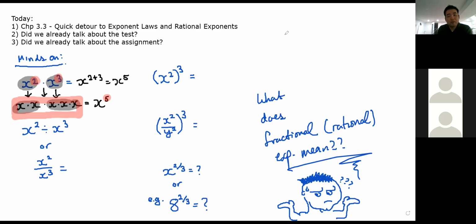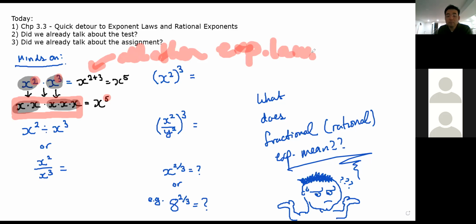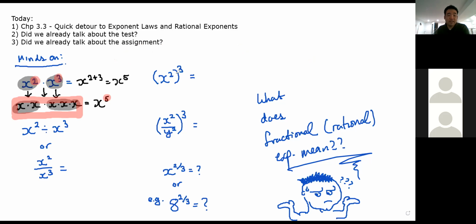Okay. Now from here, this is actually the beginning of all other exponent laws. Can't even read that, but you get what I'm saying. So if you understand this and logically understand this, all the other ones I can play out naturally.